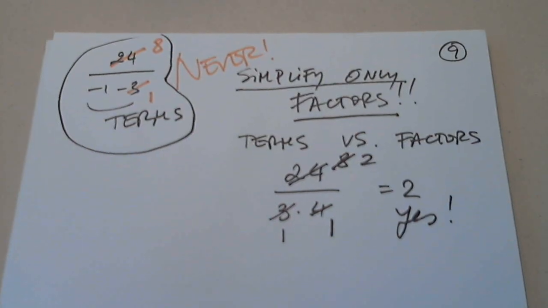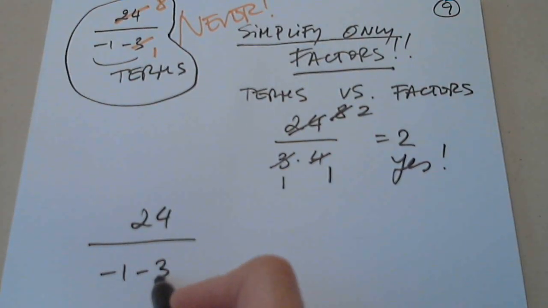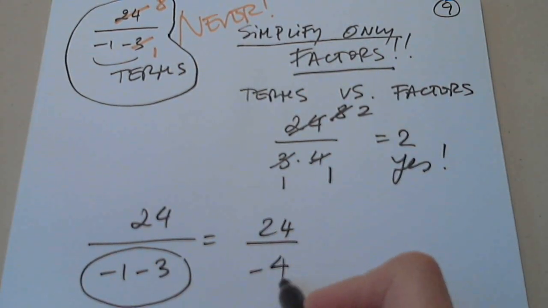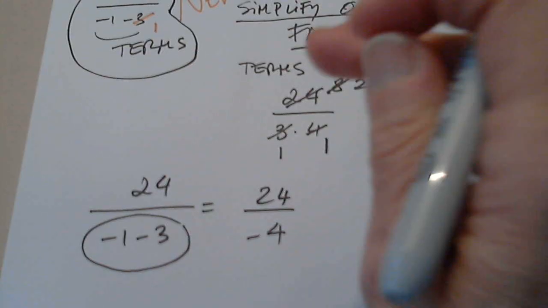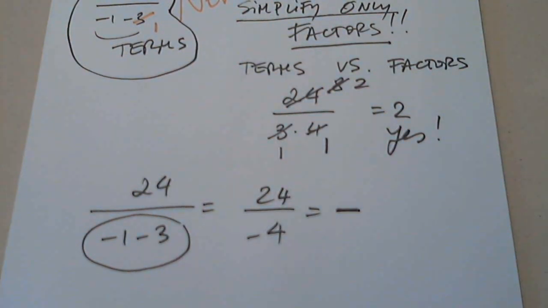But what do I do with it then? Well, 24 over negative 1 minus 3. First, I perform this operation as negative 4. Then I divide a positive by a negative, and I must write the negative symbol in front. And now the division is 6. And it's done.